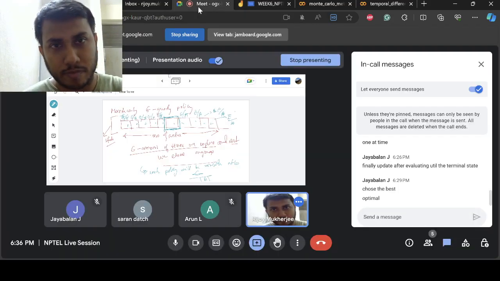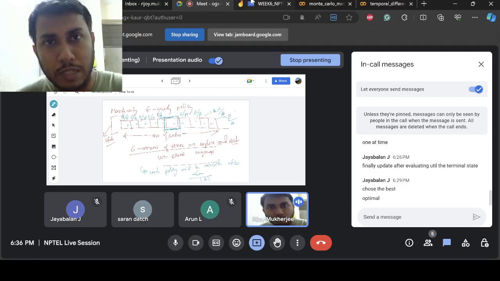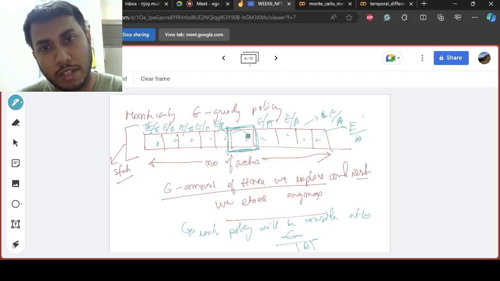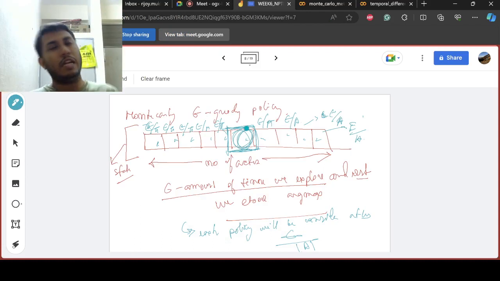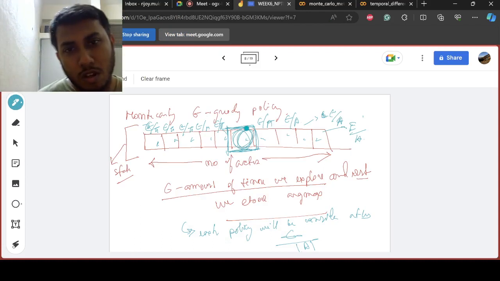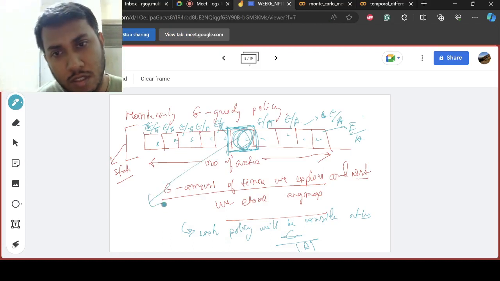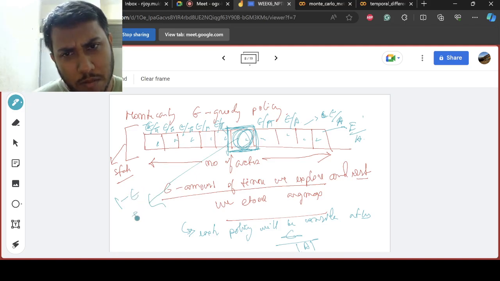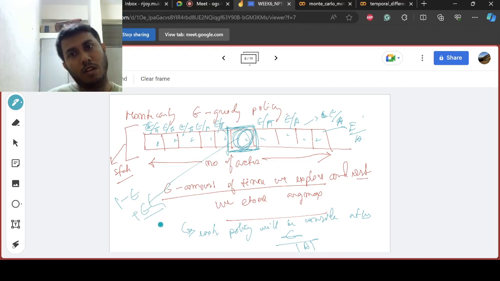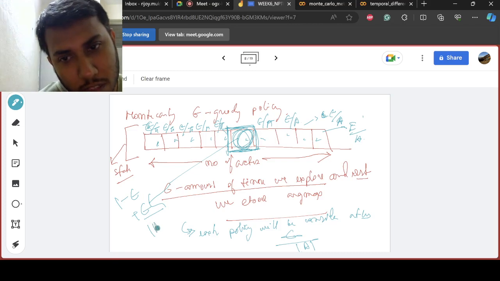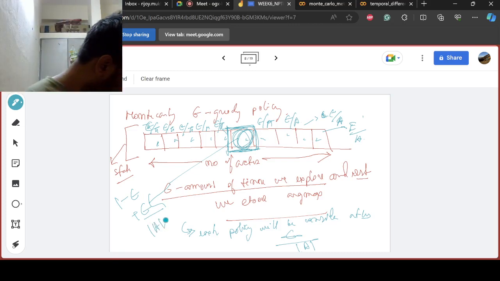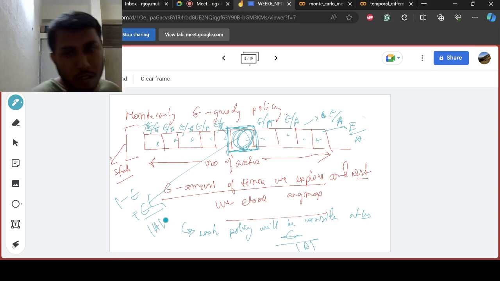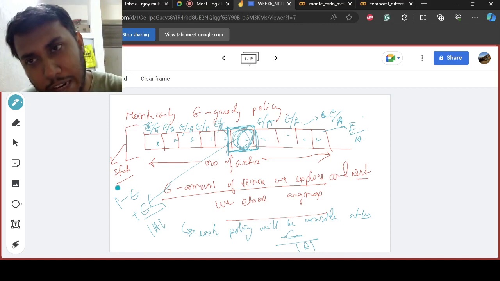So now what will be the chance of this? That is what your greedy algorithm says. The chance of this is 1 minus epsilon plus epsilon divided by the number of actions, right?